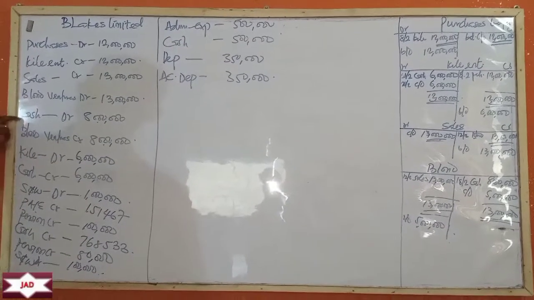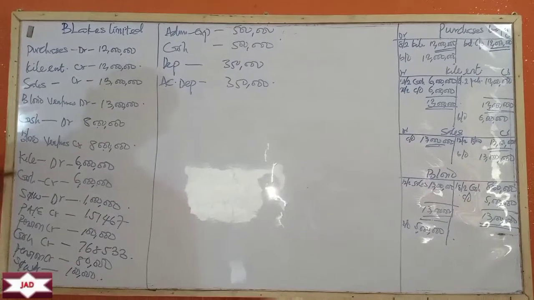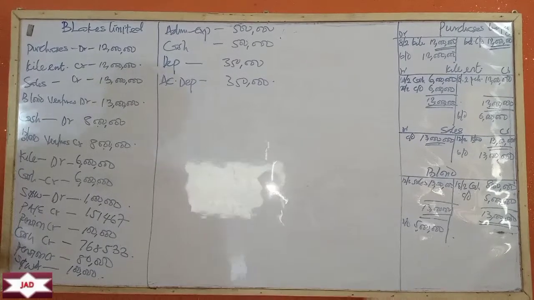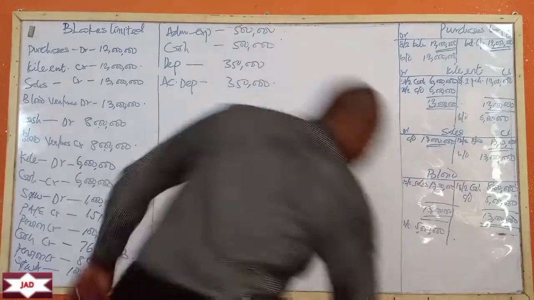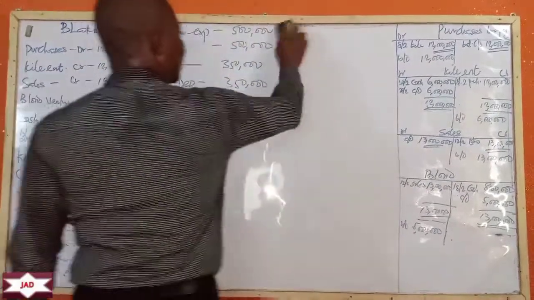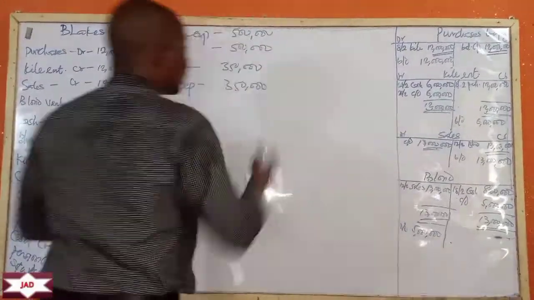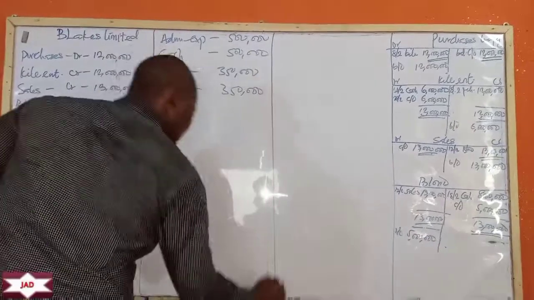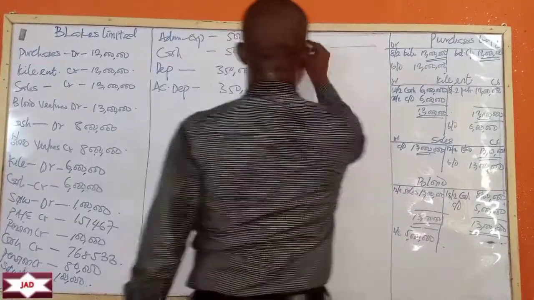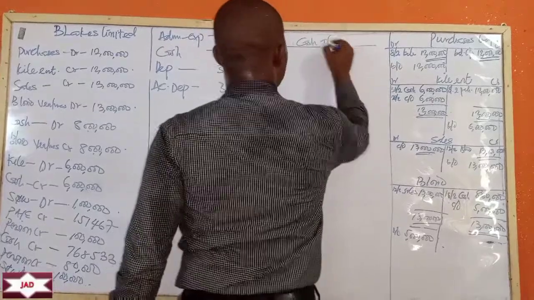So what's the next one here? We've done, so let's do cash. How many cash do we have here? 1, 2, and 3. Let's do cash. So we have cash account here.